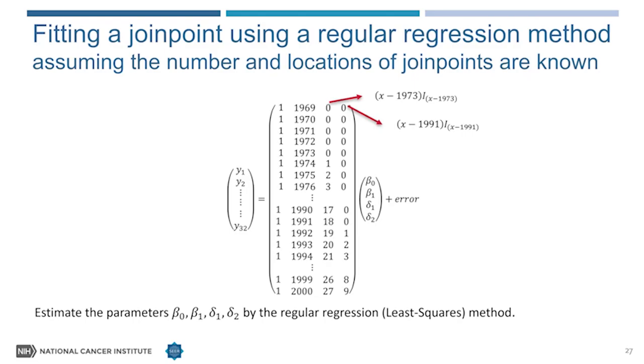Therefore, assuming the number and the locations of joint points are known, we can fit a joint point model using a regular regression method. Therefore, the parameters beta 0, beta 1, delta 1, and delta 2 are estimated by the least squares method.